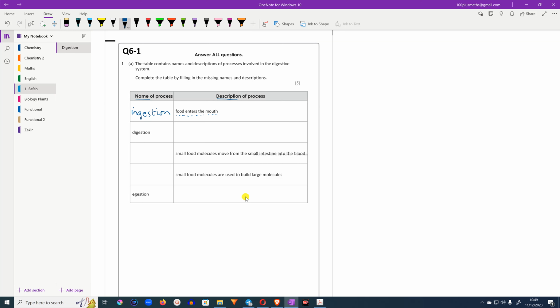Digestion. So that goes in through the mouth, right? Just on the side here, because we're learning at this moment in time. What does that do? It softens food. It breaks it down. What's the benefit of that? To increase the surface area.